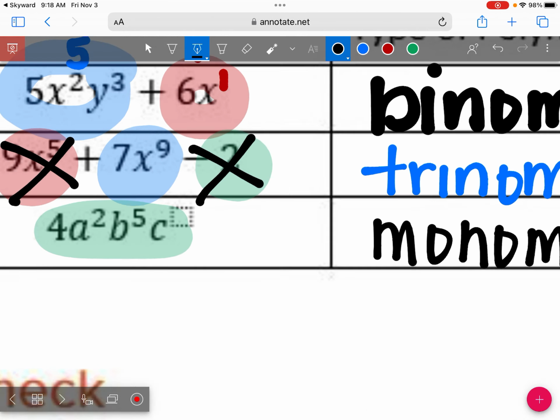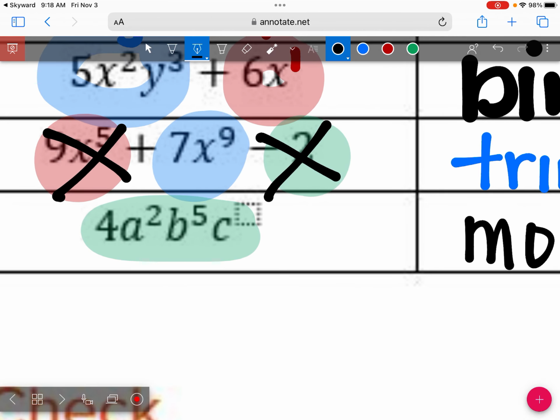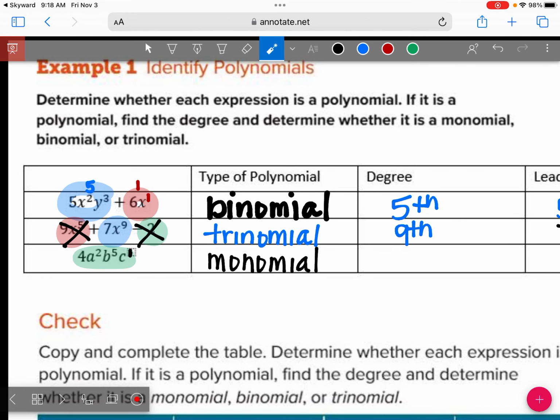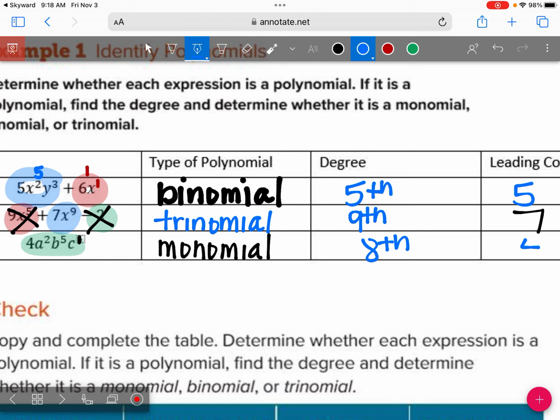And to find the degree of a monomial, add up all your exponents. Add the 2, the 5, and the 1. What is 2 plus 5 plus 1? 8. So this is an 8th degree. And the number in front is 4.